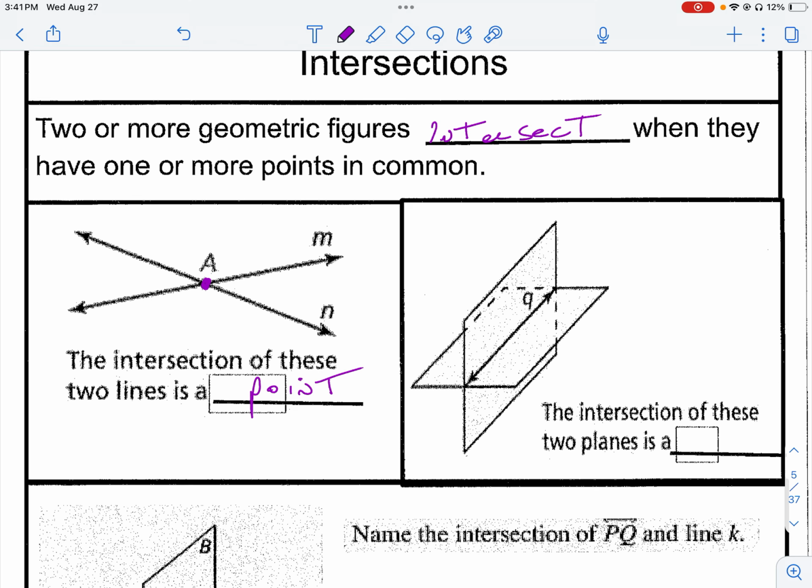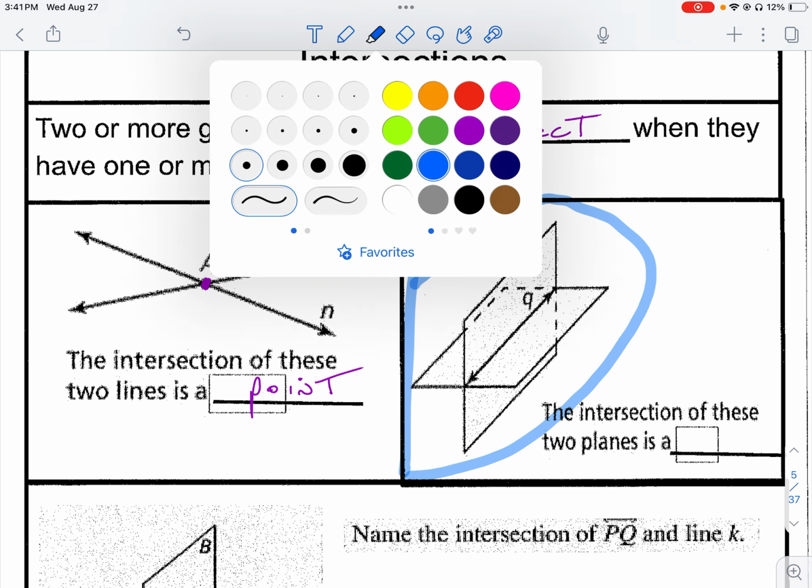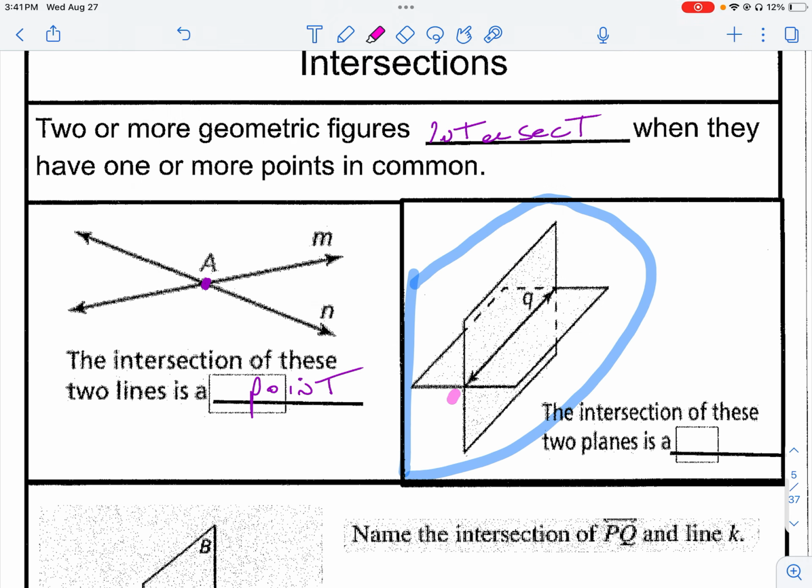Now we're going to come over here and look at our planes. And the intersection of these 2 planes, right here where they come together, is a line. We can see that straight line by where the 2 planes come together.